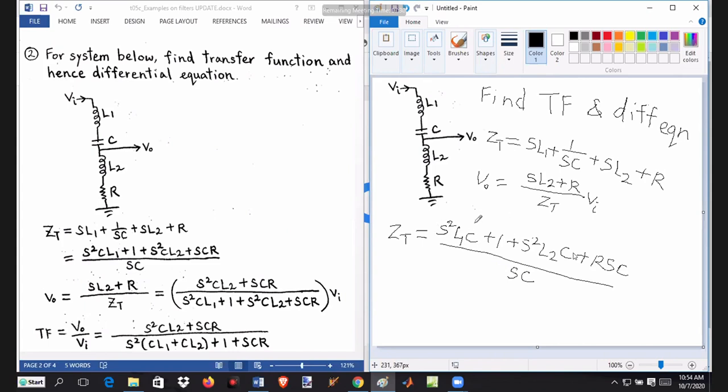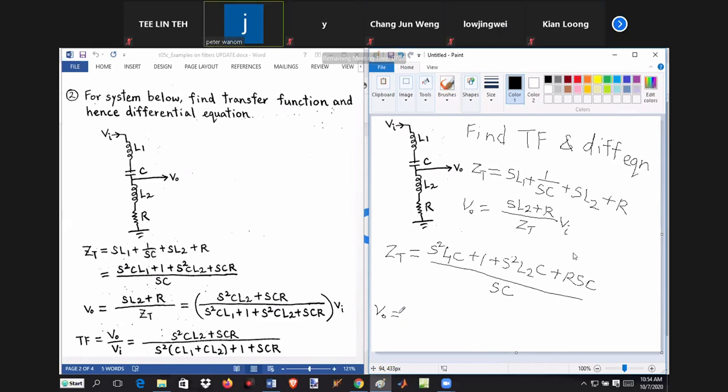Then you have to use SL. V naught equals what? V naught equals SL2 plus R, divided by the whole thing there.